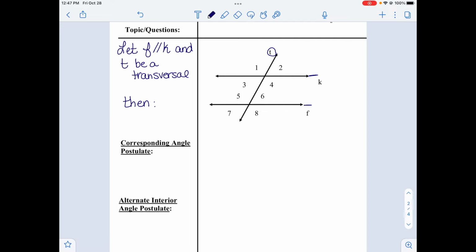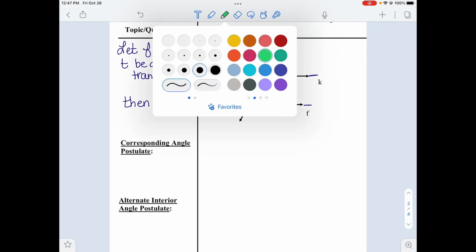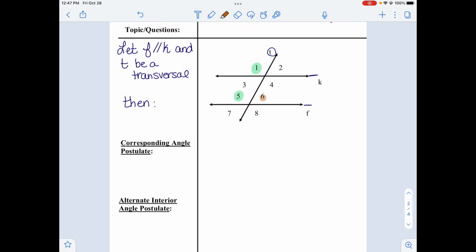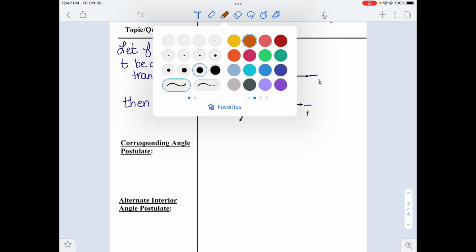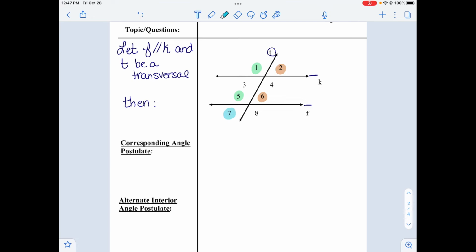They're the same. So in this case, we have 1, and if we pick F up and lay it on top, what would come with it would be 5, so 1 and 5. And then we also have 6 and 2, because they would be on top, or you could say 2 and 6. We also have 7 and 3.